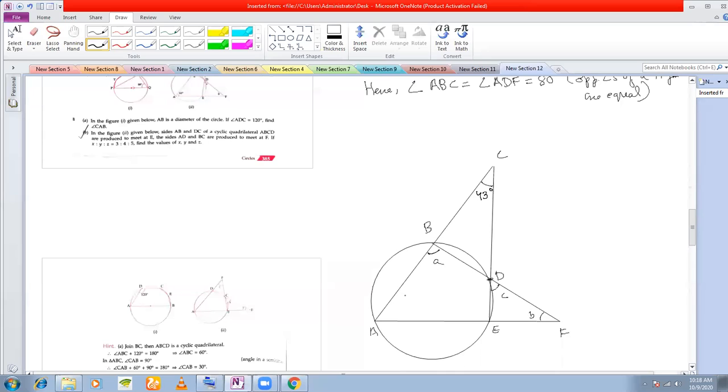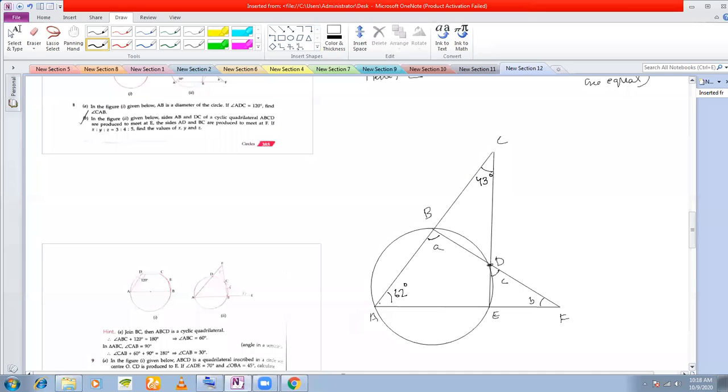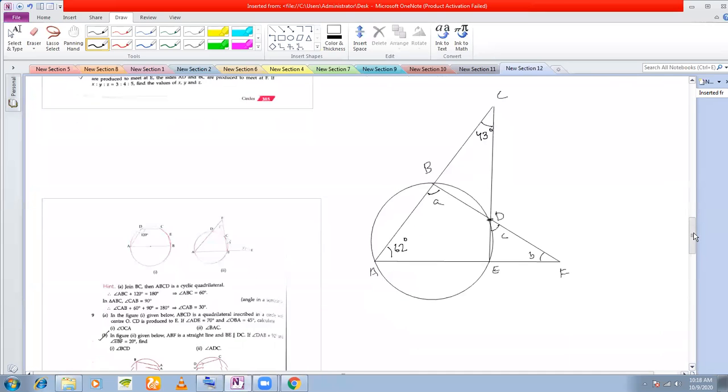You need to calculate the values of A, B and C. Okay, so now see how to calculate.